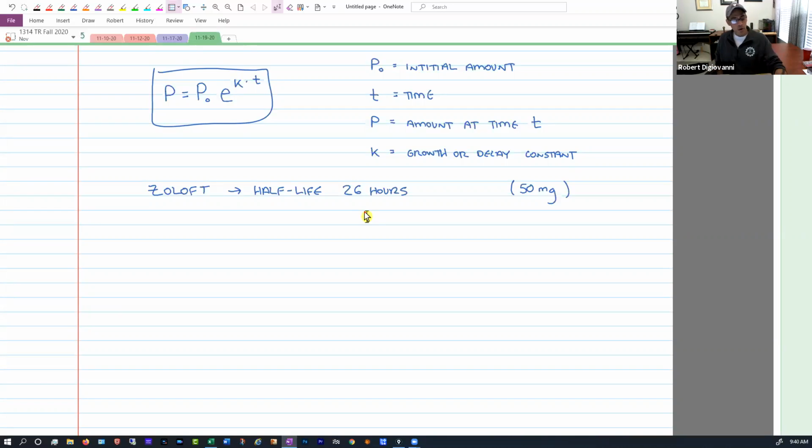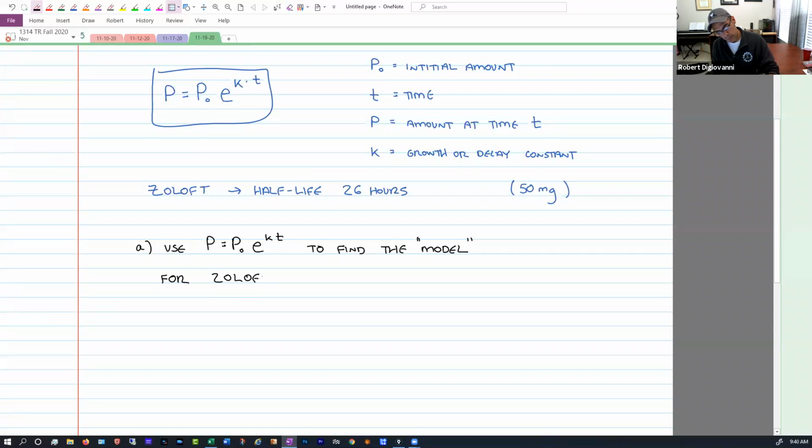All right, so the first thing that we're going to do is use the formula P = P sub 0 e^(kt) to find what we'll call the model for Zoloft's decay.